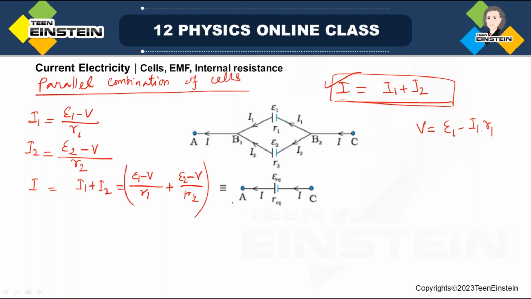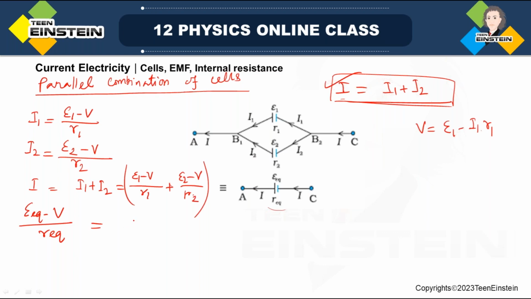Now if I go for the equivalent circuit, in this case also, if the equivalent cell is connected across the same potential V, and the current is also flowing through it, then the EMF of this cell will be the equivalent one. So let me write this here also as E equivalent minus V by R equivalent.